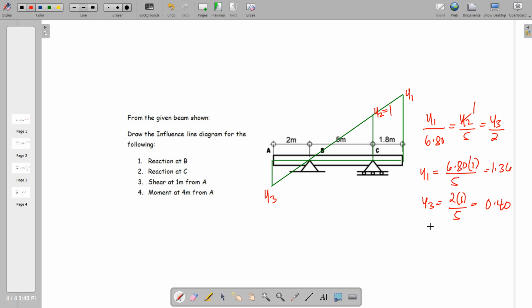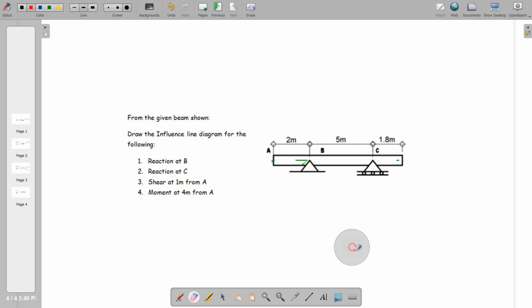Okay, so that is for the reaction at C. And then moving on, the shear 1 meter from A. Okay, we just have to bisect or consider a point here. And we let that move.